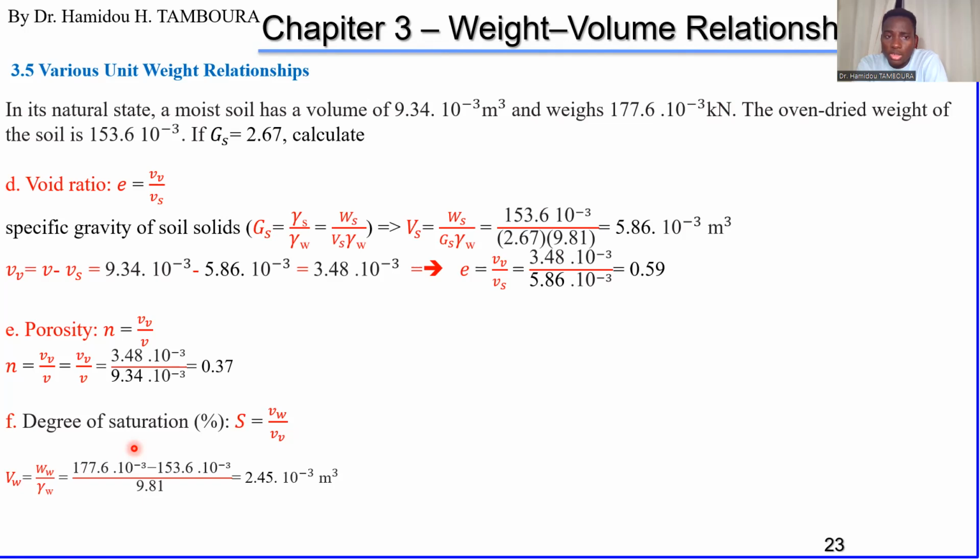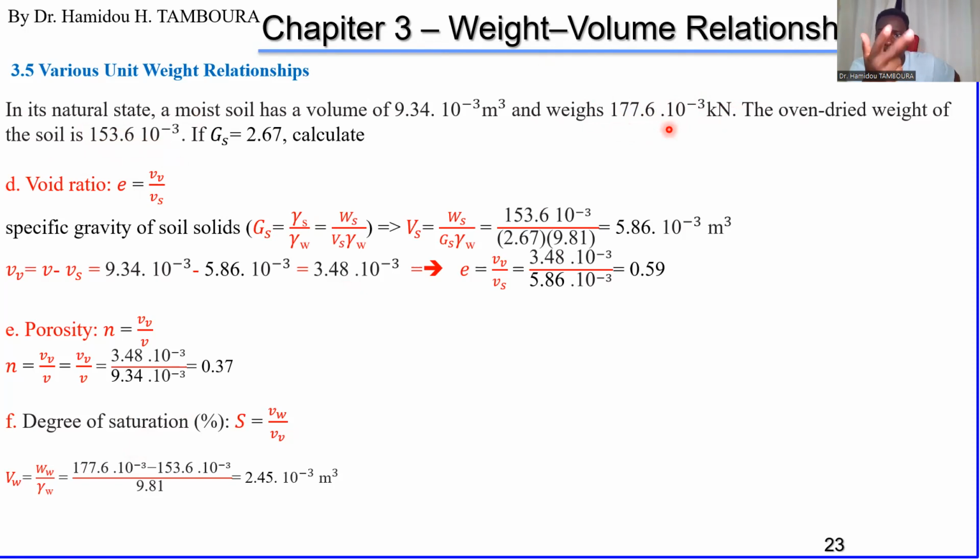So just take the total weight minus the weight of solid particle, and you will obtain the weight of water, as I explained. Because this weight includes the weight of three things: soil particle, water, and air.